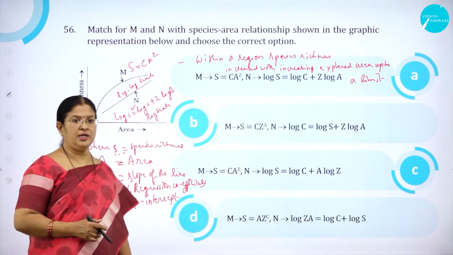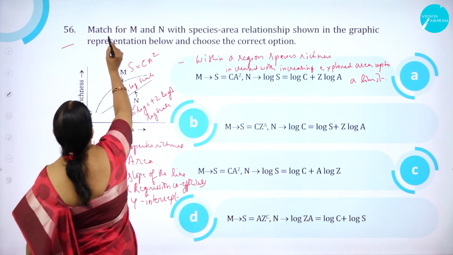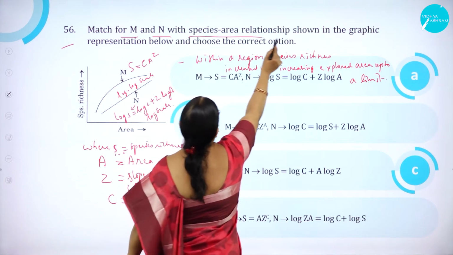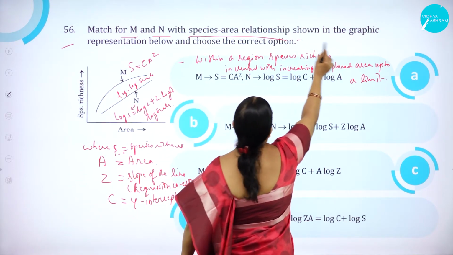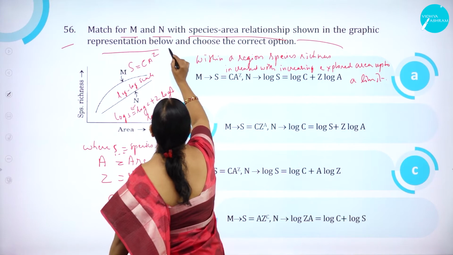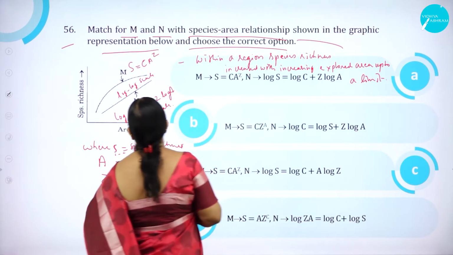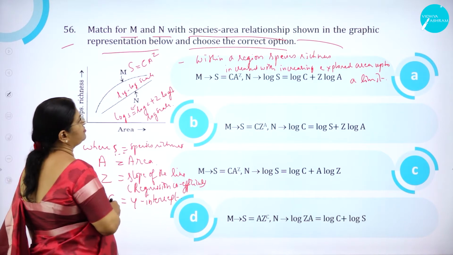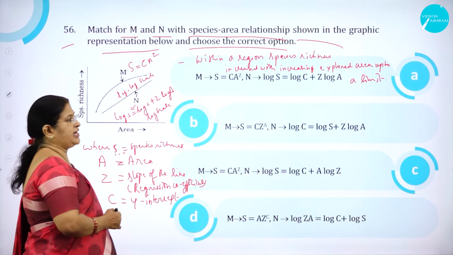Moving on to the 56th question. Match M and N with the species area relationship shown in the graphic representation below and choose the correct option. So here you can see the graph, a graphic representation of species area relationship.